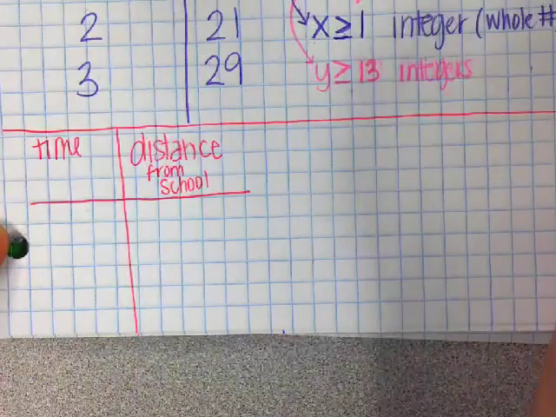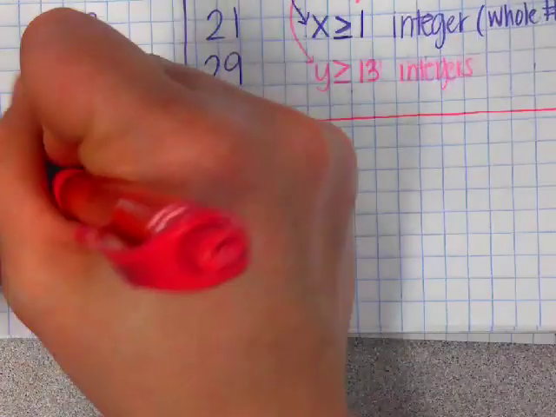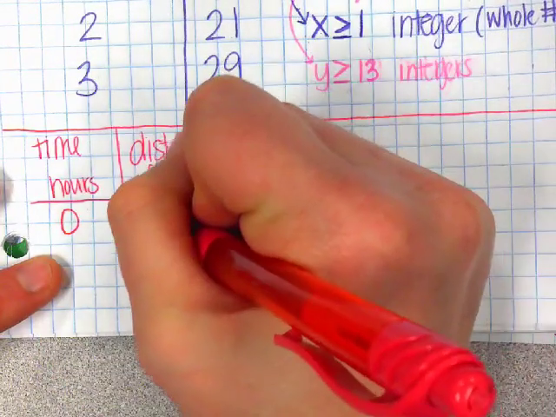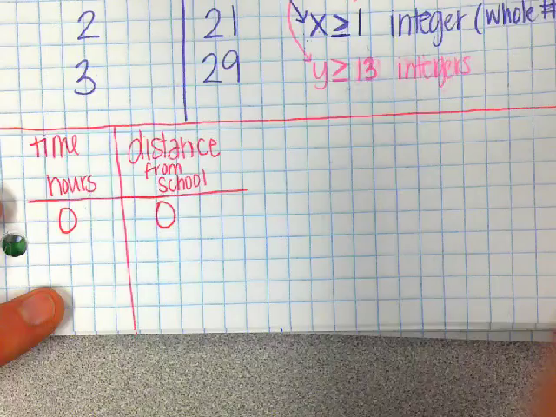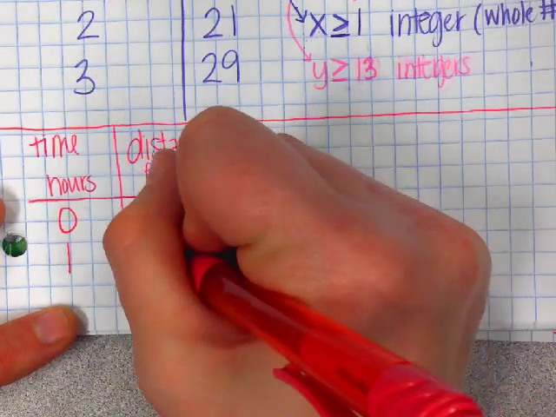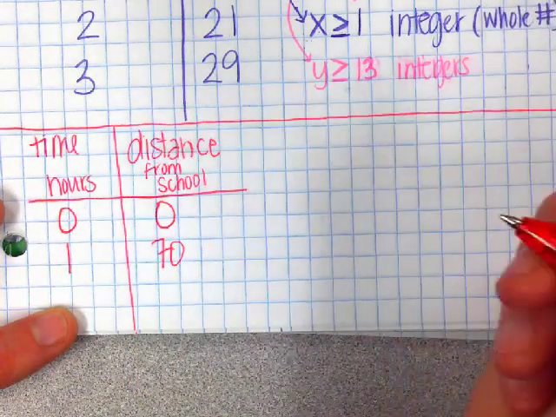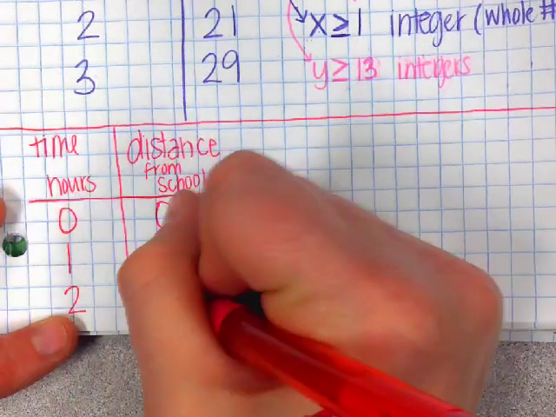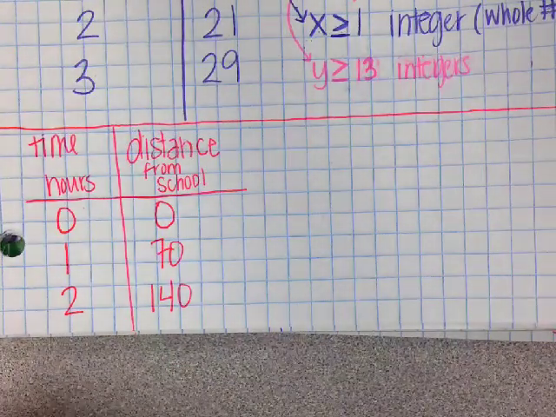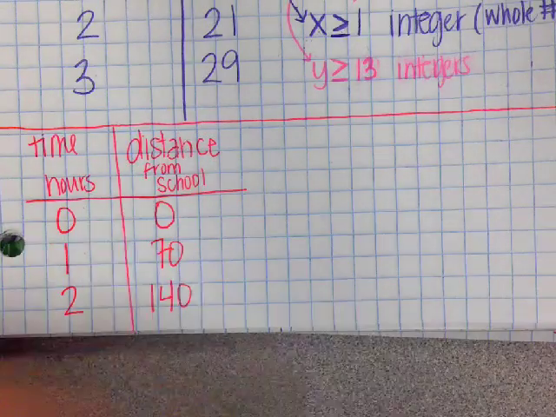So if we were talking about leaving for a field trip to Albuquerque, and we'll put hours. And so 0 hours, well, of course, we've left or have a distance of 0. 1 hour, we have a distance of, let's say, 70 miles. 2, we have a distance of 140 miles.